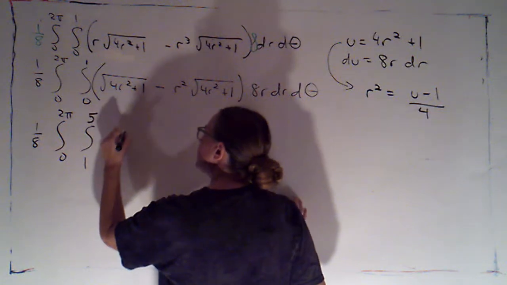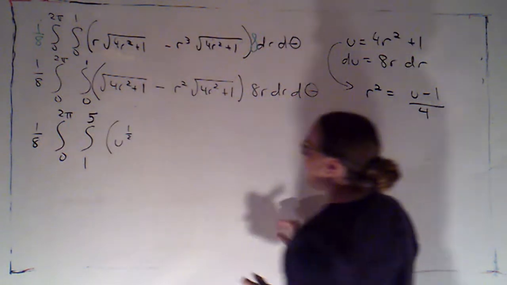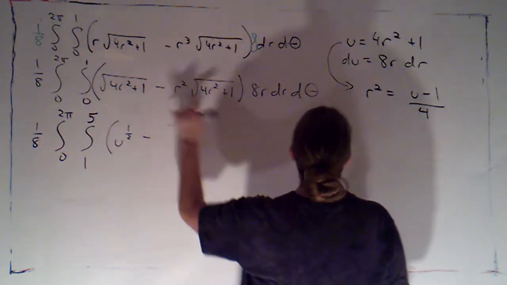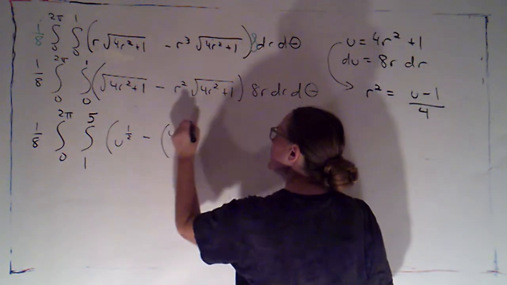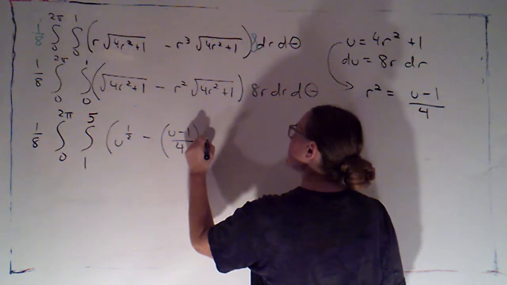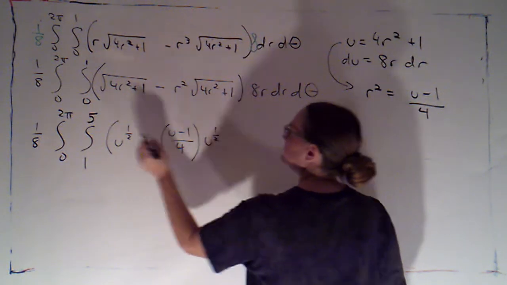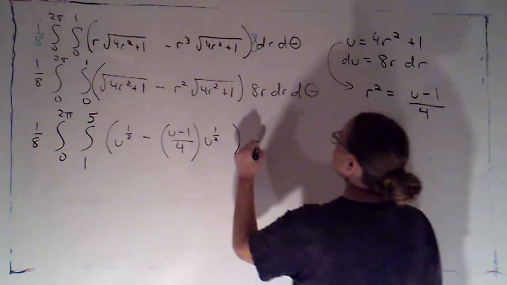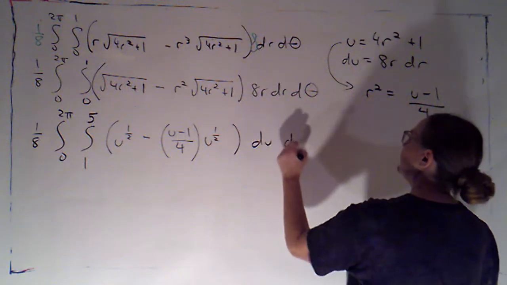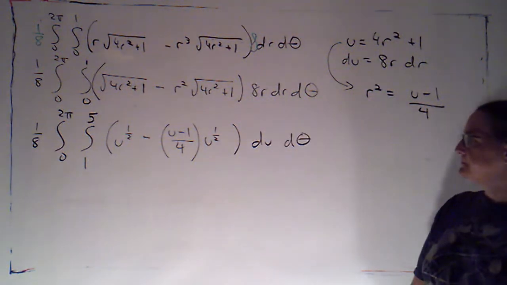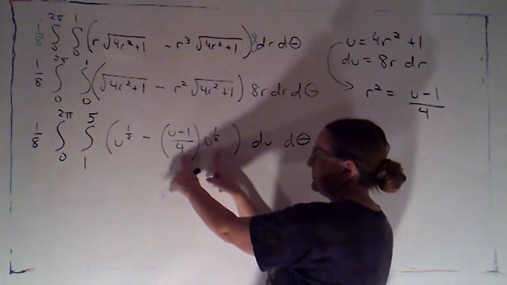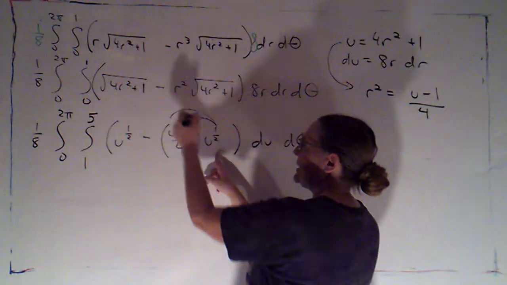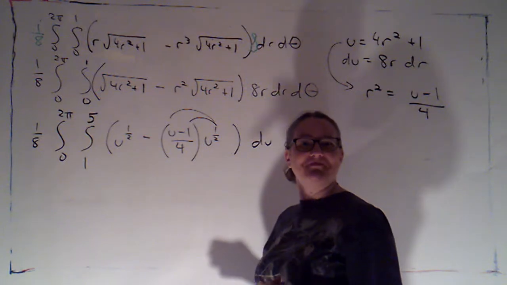This is just root u, which I'll write as u to the 1/2, minus r squared, we said, was u minus 1 over 4. And this is root u, which is u to the 1/2. That's all du d theta.